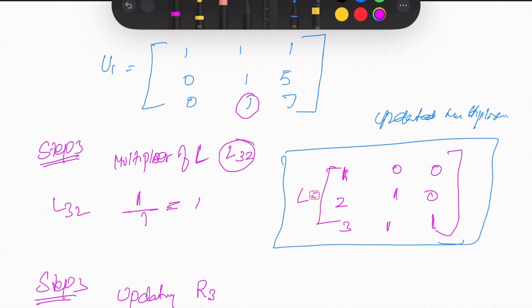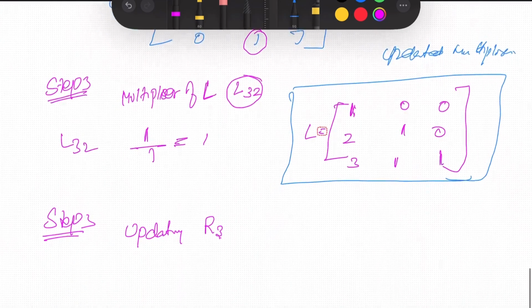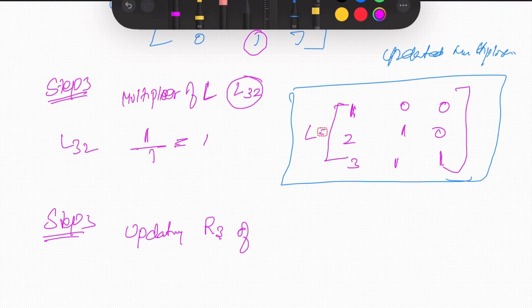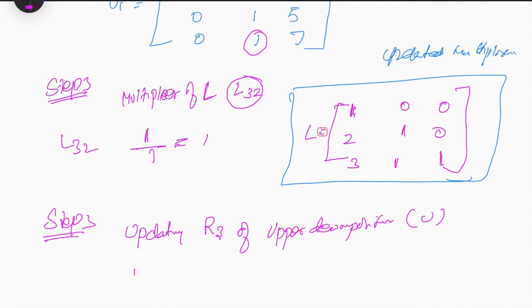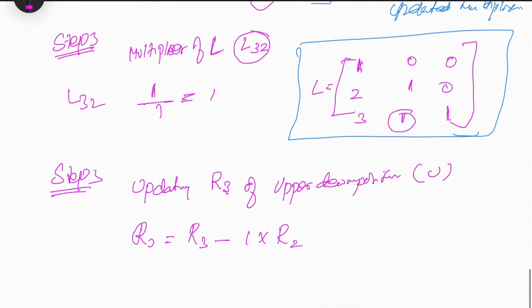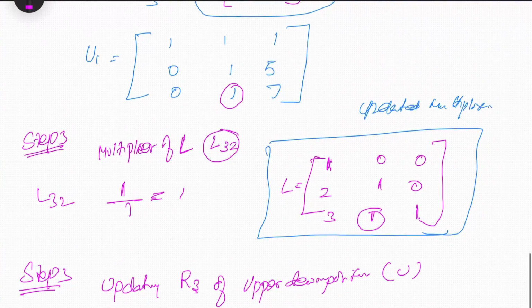So what you get here is 2 minus 2 is 0, 3 minus 2 is 1, 7 minus 2 is 5. I hope you are getting it. What we have done here, let me simplify it again. 2, 3, 7, and this is 2 into 1, 1, 1.